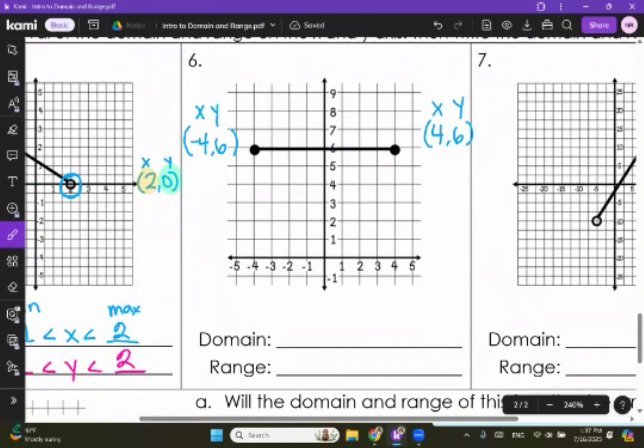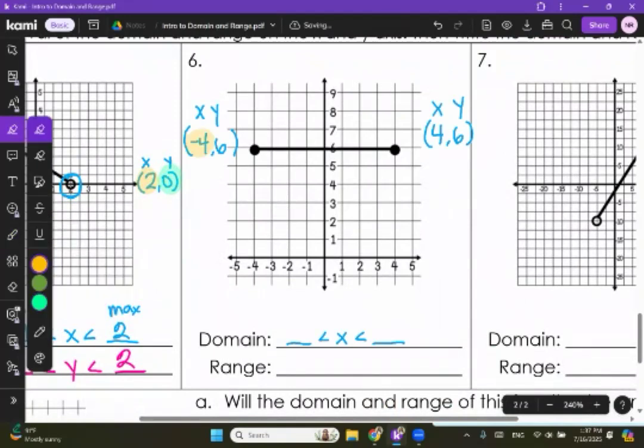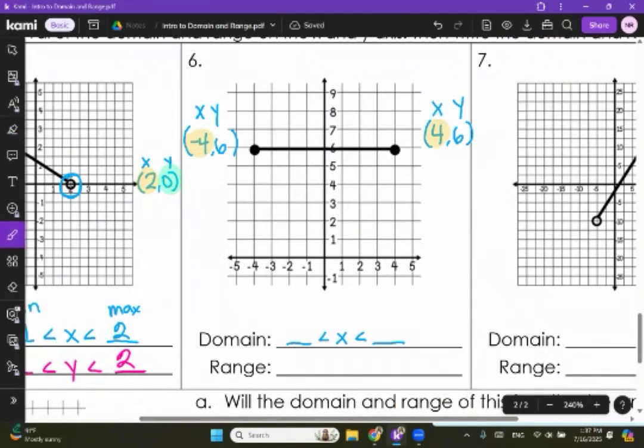So for the domain, number is less than X, less than a number. But what happens with this one? We have -4, but at that -4, we have a closed circle. So this time I am going to underline. And at the +4, we also have a closed circle. So once again, underline. My minimum number, my maximum number.